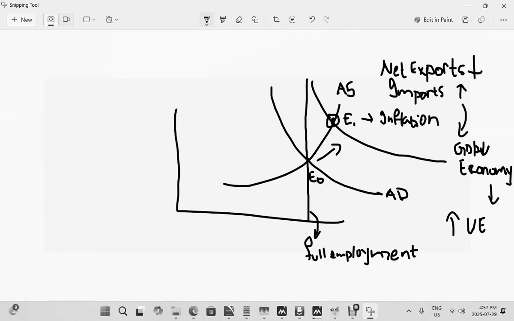So as you may notice, as aggregate demand goes up, it's not always good for the economy, because it may cause inflation and it may cause imports to go up. Now, it may be good for foreign investors, however, you will need to check whether the money coming into your economy is less or more than the money going out.